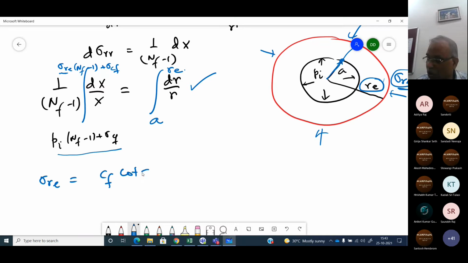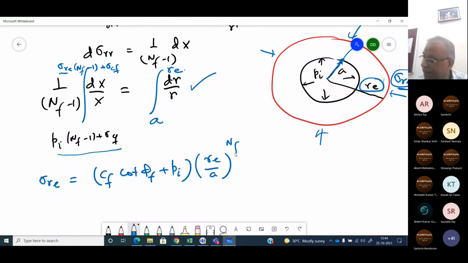CF cot phi F plus PI RE by A NF minus 1 minus CF cot phi F. This is one equation we get from there.